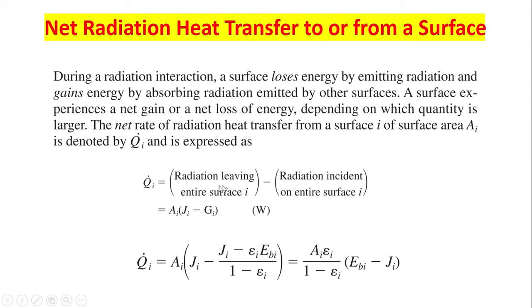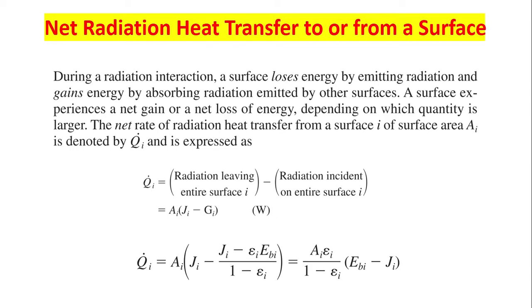So for this part we can denote it by Ji, which is known as the radiosity, and this is the radiation incident on the entire surface I, represented by Gi, which is also known as the irradiation or the radiation flux. Both of these quantities, the radiosity and the radiation flux, are expressed as radiation per unit area and per unit time.